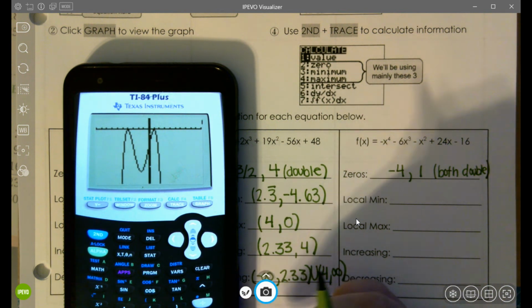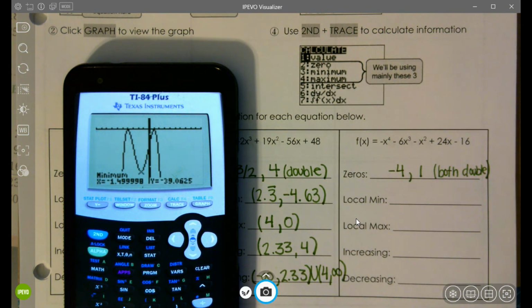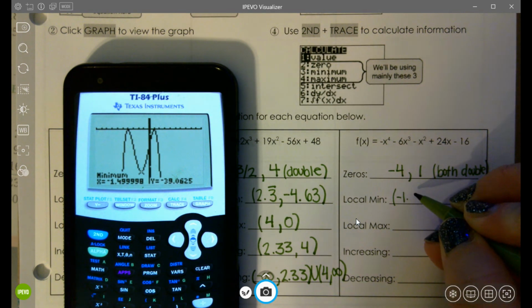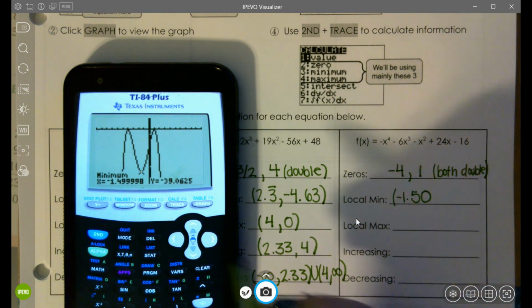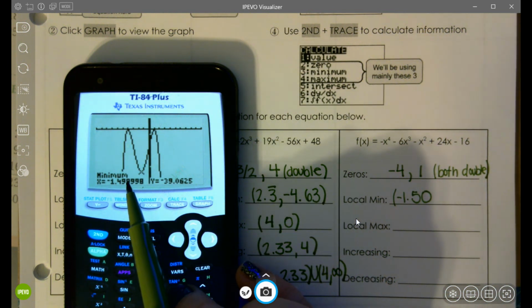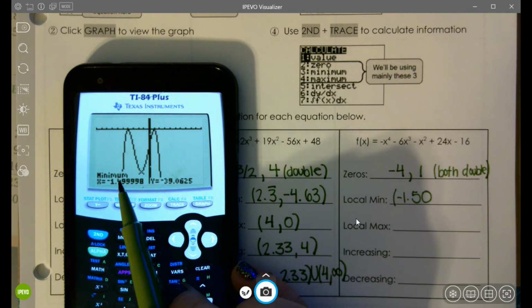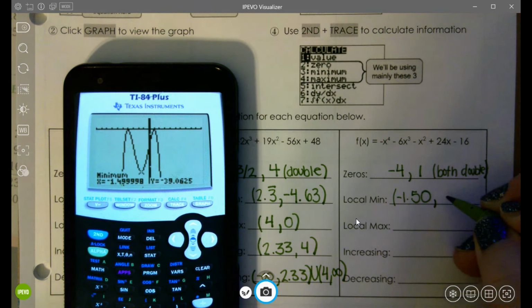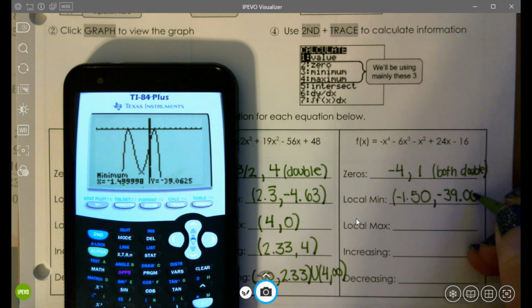Enter twice. Wait till it actually says minimum, not guess. So that's -1.50. This 9 turns this into a 0 and this into a 5. It rounds this 49 up to 50. And then the y value is -39.06.